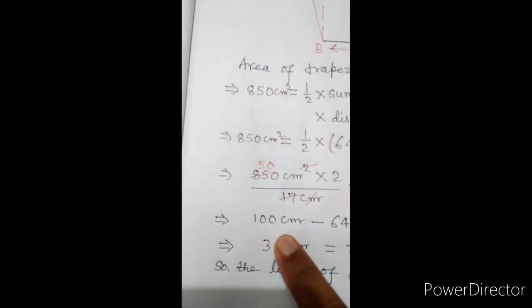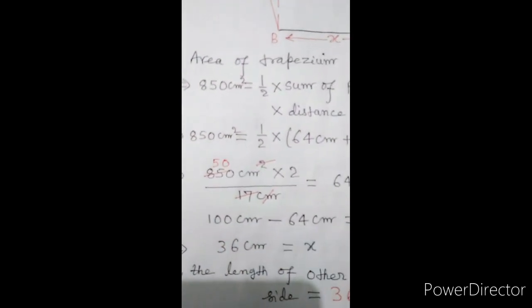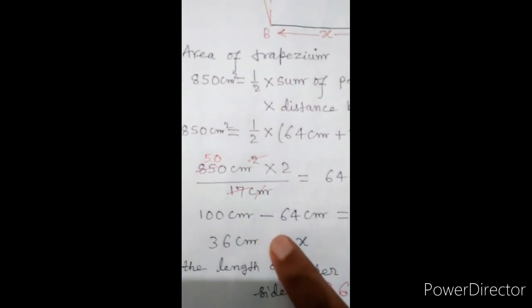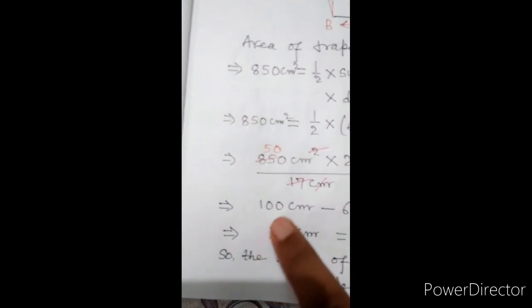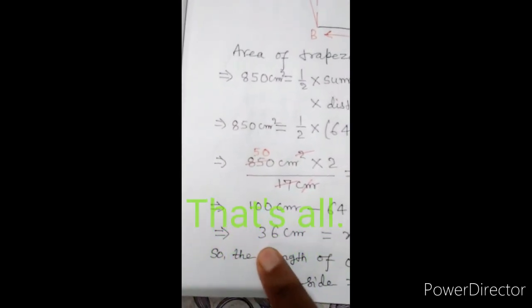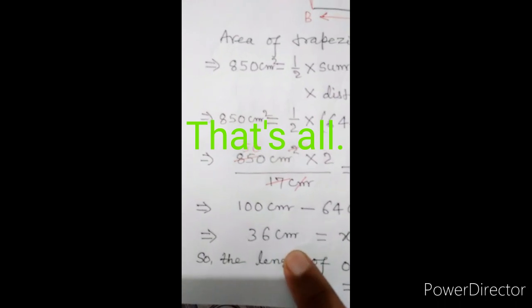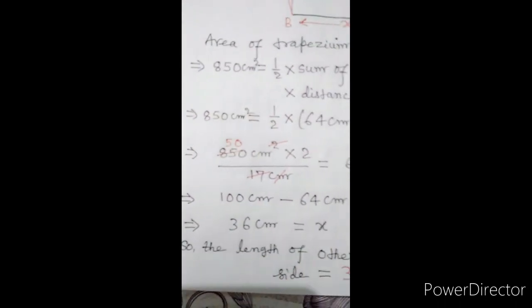This gives us 100 cm minus 64 cm. It is transposed. That is equal to X. Its solution gives us 36 cm. That is equal to X. So the length of other parallel side is equal to 36 cm.